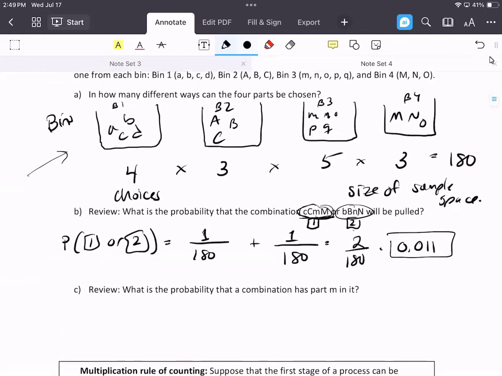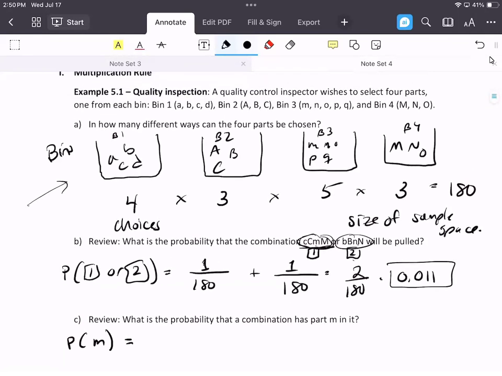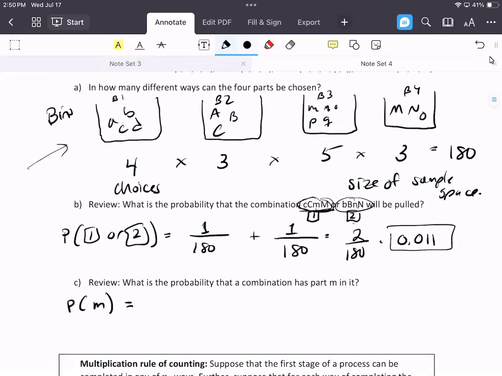What's the probability on part C that a combination has part m in it? So we want something to have part m. Now there are different ways to do this. You could say, well, there are 180 total, but I like to look at it even easier. I can see that the only bin that has any little m in it is bin 3.